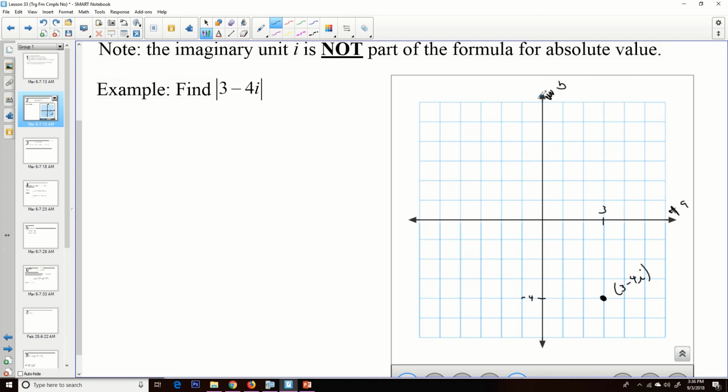That is in the complex plane. And so if I want to find the absolute value, it's the distance from the point to 0, which would be this length right here.